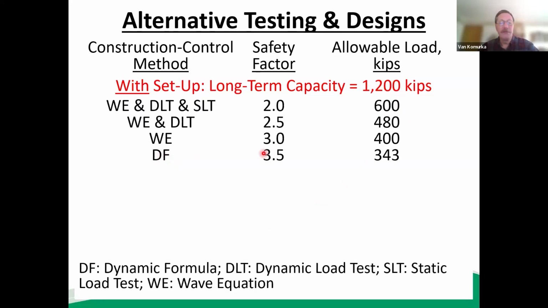If we use a dynamic formula only and apply a safety factor of 3.5, we get this allowable load. Wave equation, safety factor of 3, we get this allowable load. Wave equation plus dynamic load testing, and again, we have to do this both at initial drive and restrike to characterize setup, allowable load of 480. If we did wave equation, dynamic load testing, and a static load test, applied a safety factor of 2, we'd get an allowable load of 600 kips.